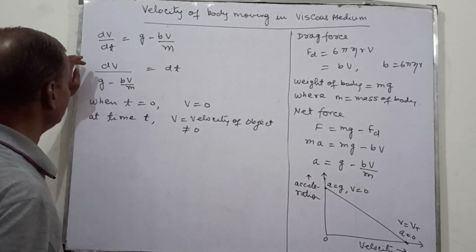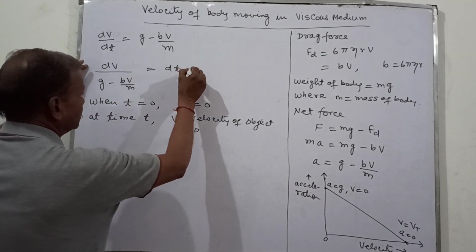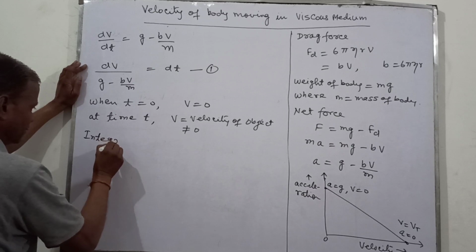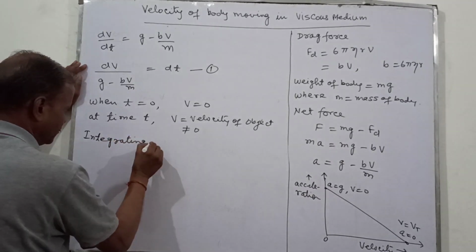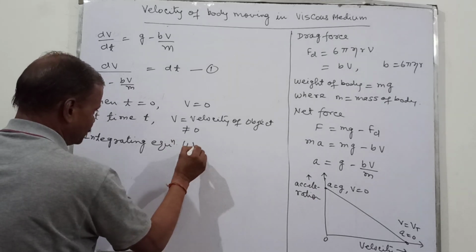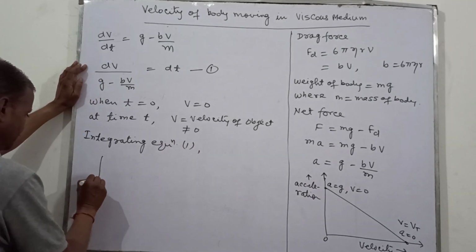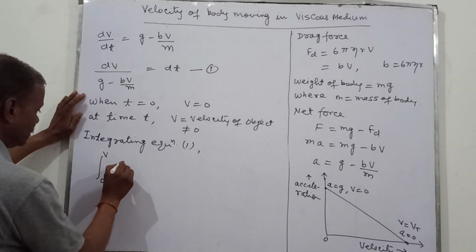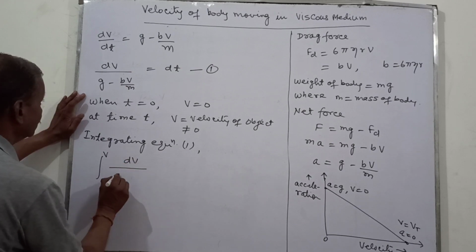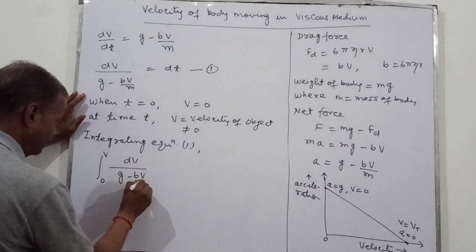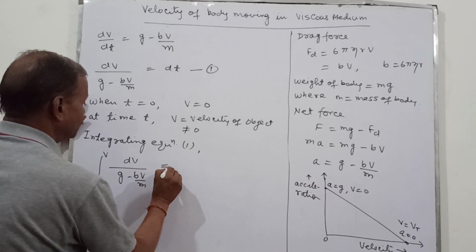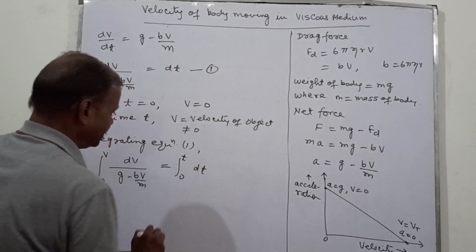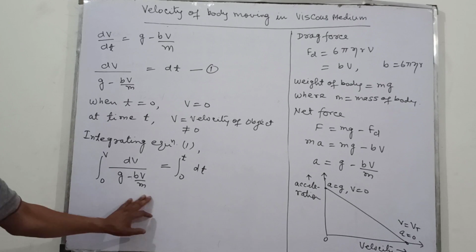So within these limits we have to integrate this equation. Integrating equation 1, we have integration 0 to v dv upon g minus Bv upon m equal to integration 0 to t dt. These are the limits and we have to integrate it.